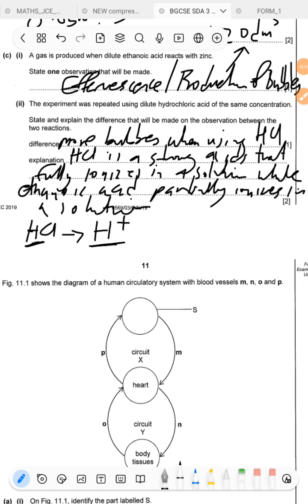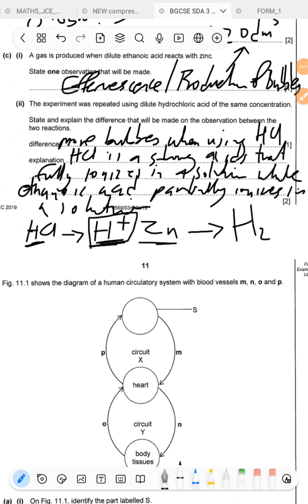These hydrogen ions are responsible for all the chemical reactions that acids undergo when reacting with other things. So the acid can go and attack the zinc. If you have more of these hydrogen ions attacking the zinc, you get more of the hydrogen gas.